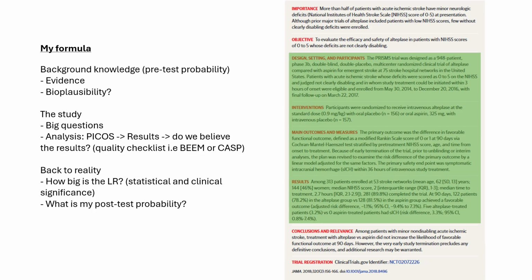And then the discussion section is just how the authors interpret the method and results sections. So actually you don't need those. You don't need the conclusion and discussion, and you don't need the introduction if you know the area you're going into.